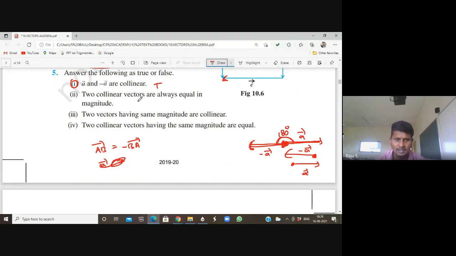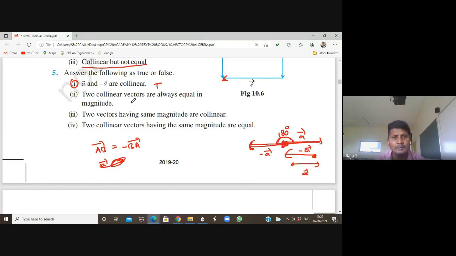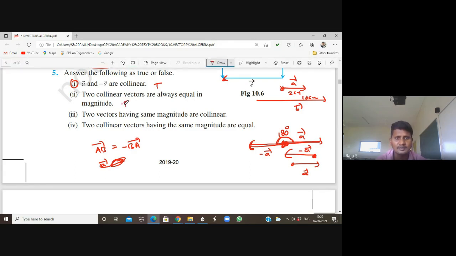Not necessary. Collinear means just parallel. They may have different magnitudes. For example, this is vector A and this is vector B. This vector is 2 centimeters, and I'm taking 10 centimeters here. The magnitude is different, 2 centimeters and 10 centimeters, but the two vectors are parallel, so they are collinear. This is false.